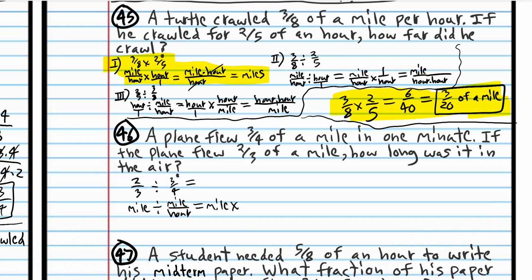You change to multiplication and you flip to hours over miles. And miles is just a whole number, so you can put over 1. And then it becomes miles dot hours over miles. And the miles cancel out and you're left with hours. So because that's what the problem is asking for, how long, meaning how many hours, we know that we set it up correctly.